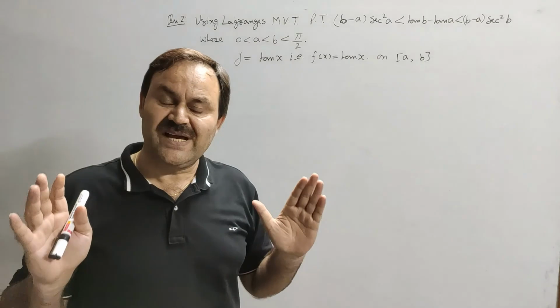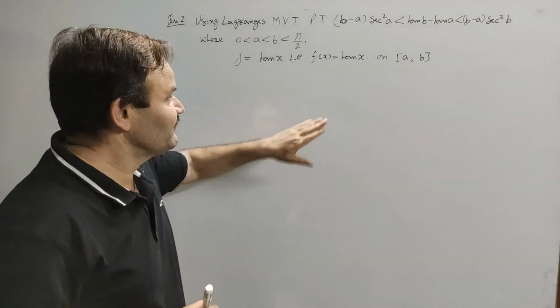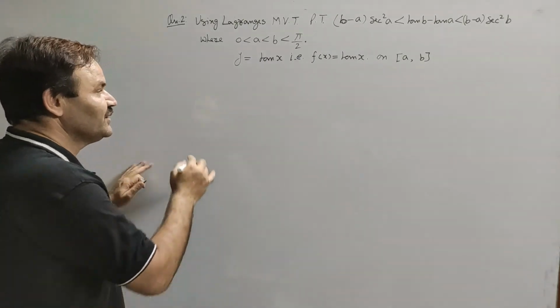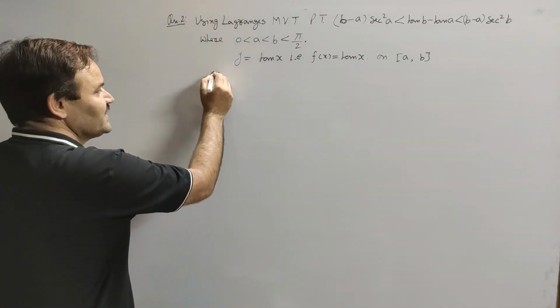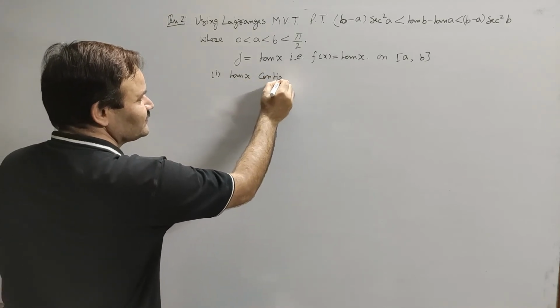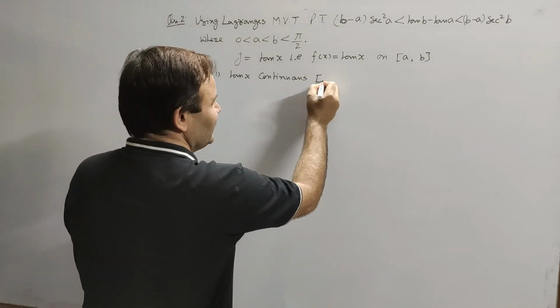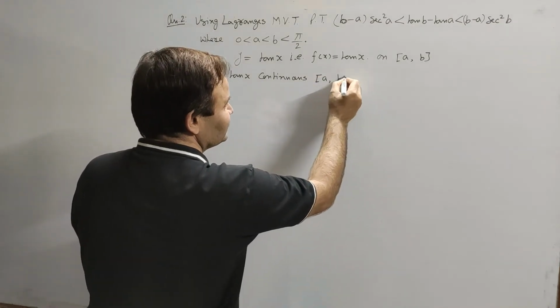We know that between 0 and pi by 2 the function tan x will be continuous. So first, tan x is continuous on the closed interval a b.